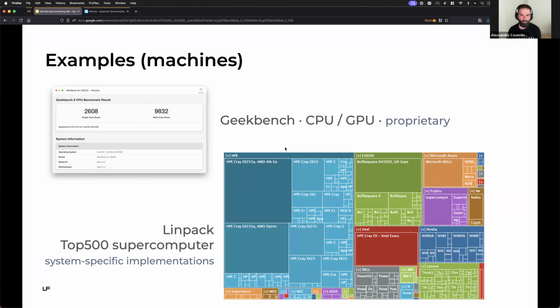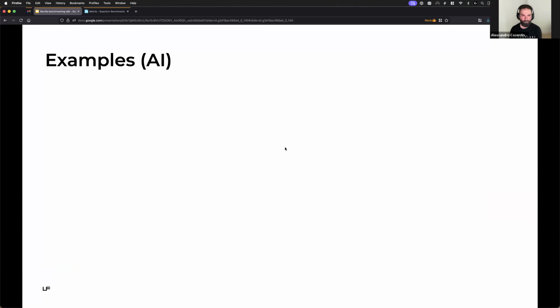Even there, LINPACK is an open source suite of numerical tests, but each of the owners of those supercomputers has some system-specific implementation, and sometimes there is not full transparency on what is actually running, because you can check the results at the end of the day.